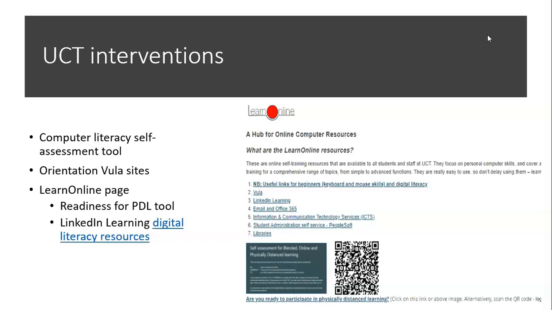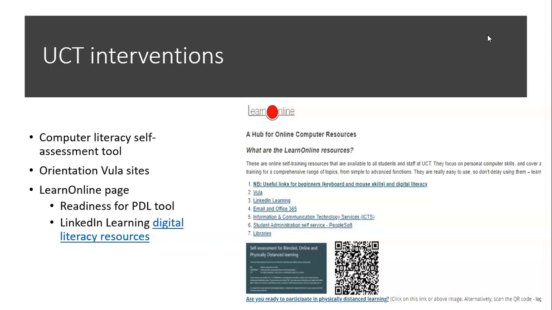For first year students, there is the computer literacy self-assessment tool that they've got to complete, and that is managed by the faculty first year experience coordinators. I'm sure you can contact them to get an understanding of where your students' computer and digital literacy levels are at.